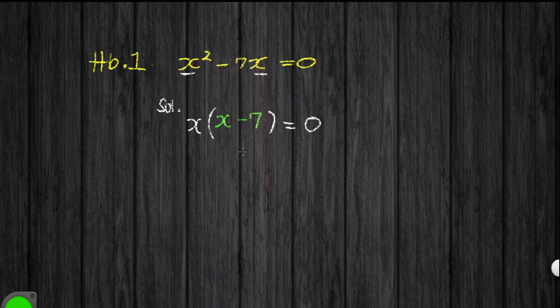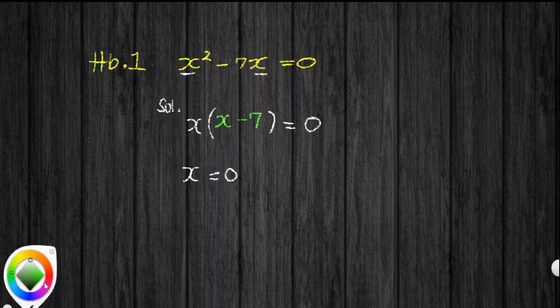Bakit? Dahil kapag dinistribute ko si x doon sa loob ng parenthesis, lalabas ang tunay na equation. Okay, so sa left side ng equation, i-equate ko yan kay 0, ganun din sa right side ng equation para makuha ko yung mga x value ko. Yung left side ay x, yung right side ay x minus 7.